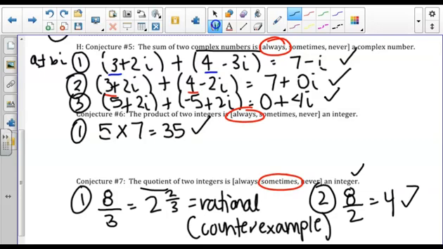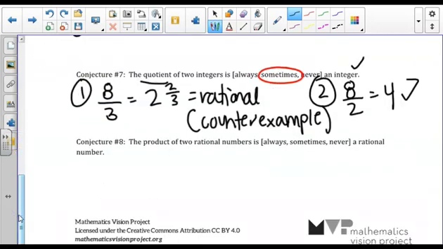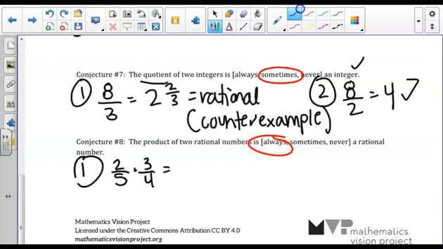So that definitely works. Looking at 8, the conjecture was that the product of two rational numbers is always, sometimes, or never a rational number. We determined that that is always true. We looked at some examples, and product means multiply, so we took some fractions and we multiplied them together. And when you multiply fractions, recall that you multiply numerator by numerator and denominator by denominator.